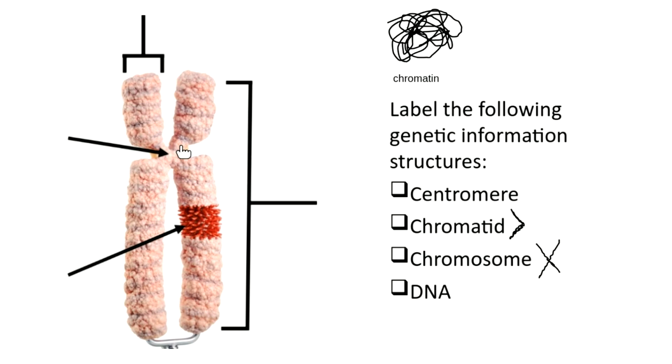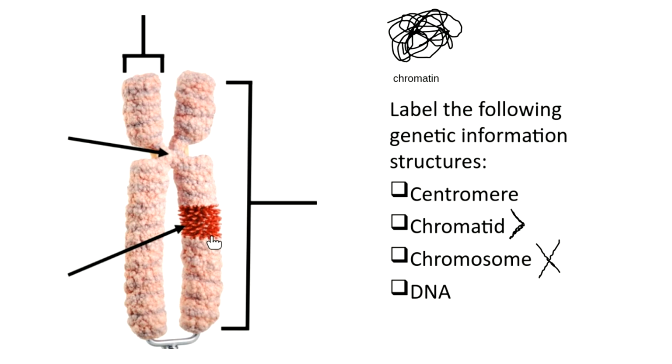Since we only have one label left, that tells me that this red stuff that I see here is the DNA. The DNA that we have inside of our cell, like we mentioned, normally looks like a chromatin spaghetti noodle mess. It's normally all over the place. But if you look at this picture, let's see if I can zoom in a little bit.